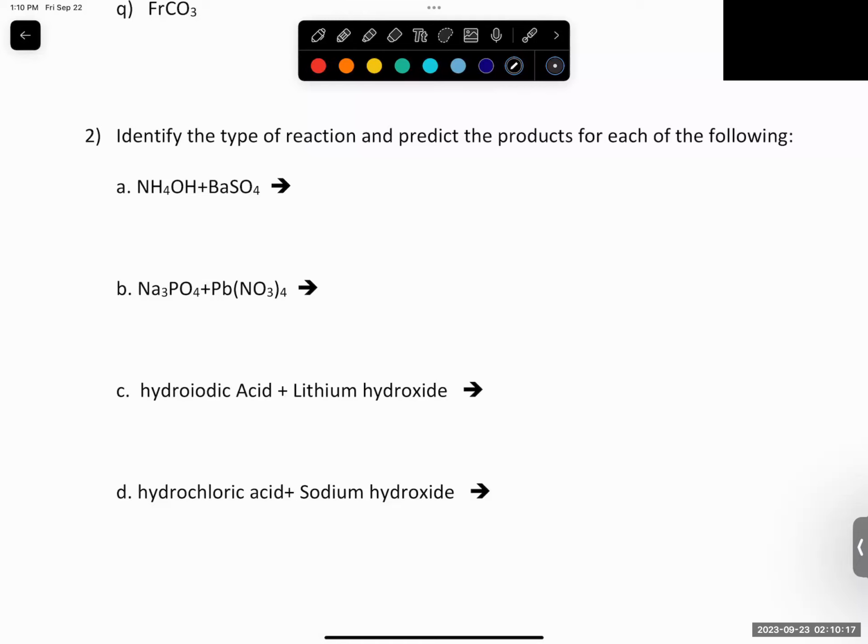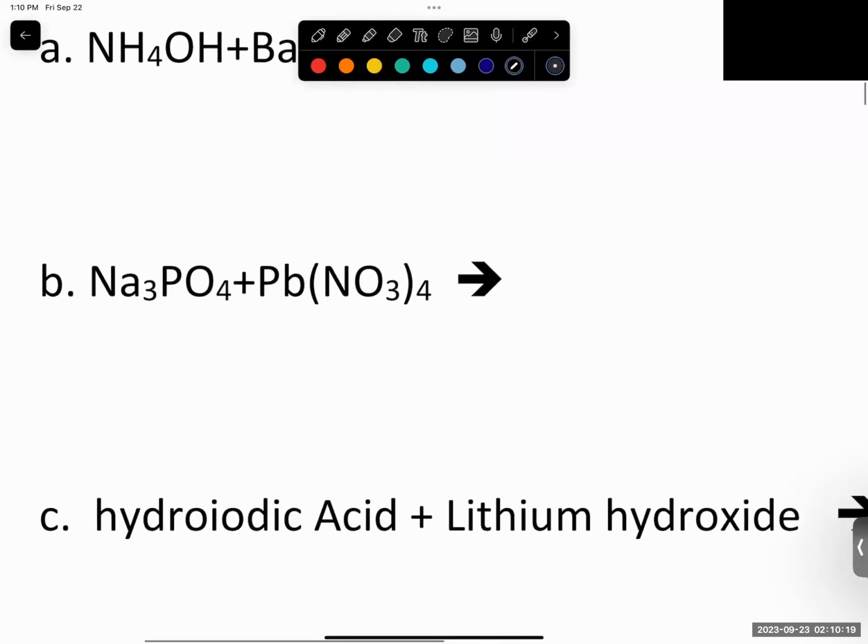Everyone, make sure you draw it up or write your equation and everything. So predict the products and then identify what kind of reaction this is.